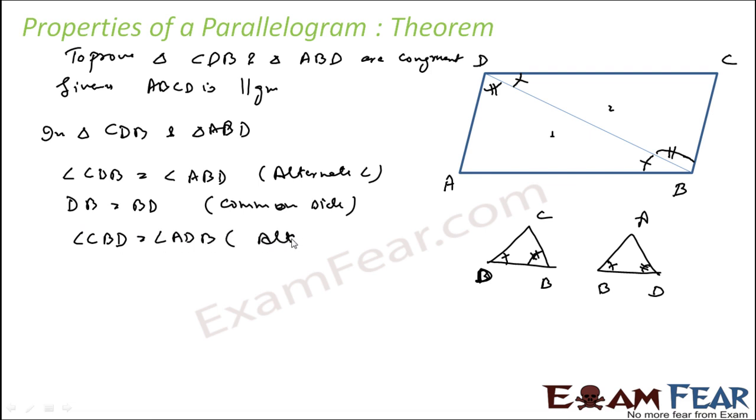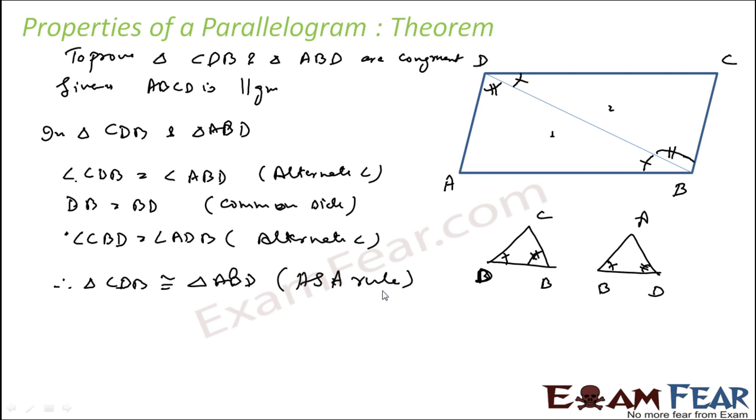They are also alternate. Therefore, triangle CDB is congruent to triangle ABD, and by which rule? Angle side angle, ASA rule, and thus they are congruent.